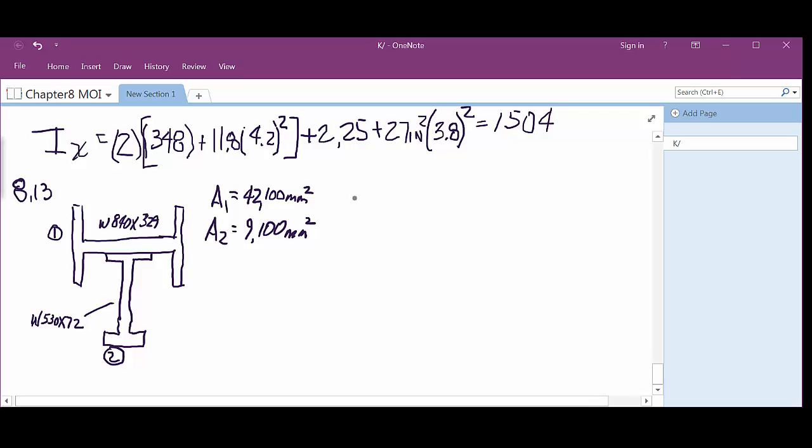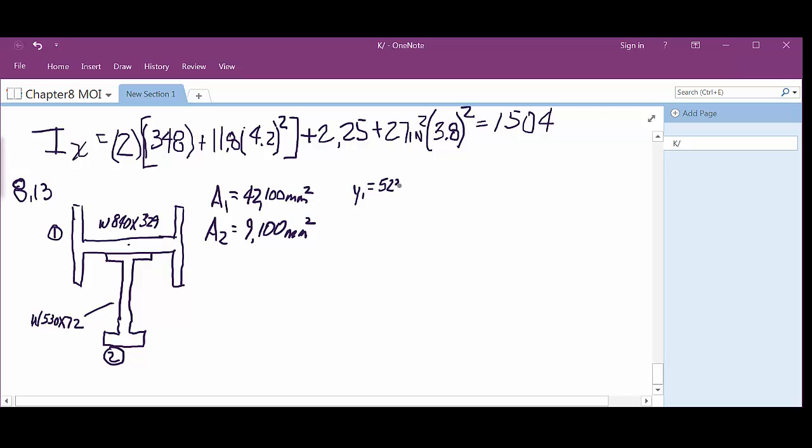Okay, now here's where, in the first attempt, I had a little bit of an error. Now, the Y1 for this, so we're looking for this point right here, right? According to the book, the distance for this 530 by 72 I-beam is 523, right?